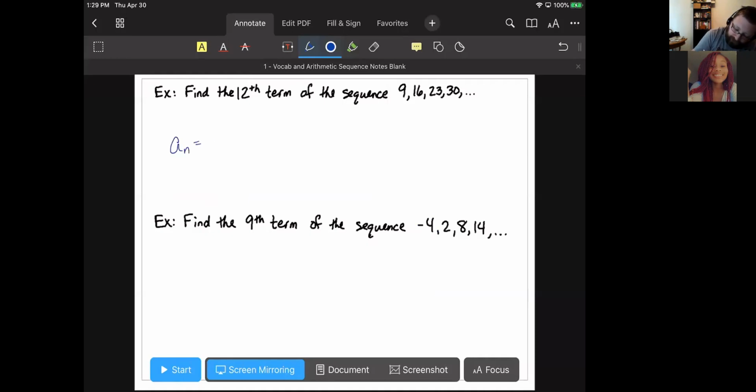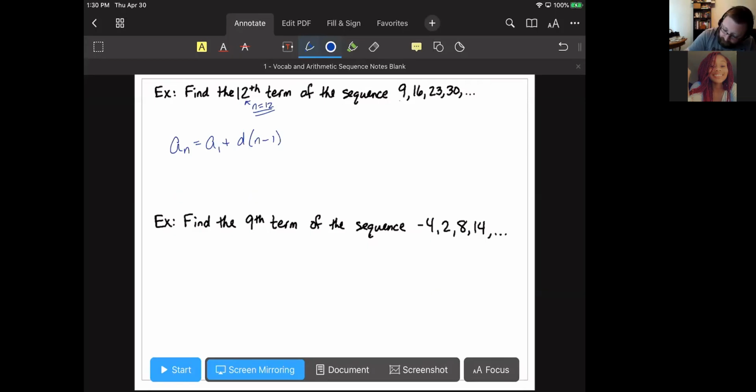A sub n is a sub 1 plus d times n minus 1. Now, there are 4 variables there. We need 3 of them to be able to solve for the 4th one. We have 3 of them given in the directions. We were told to find the 12th term, which means n equals 12.